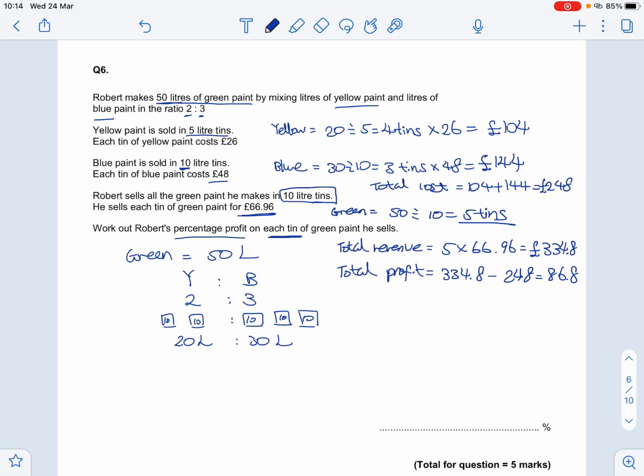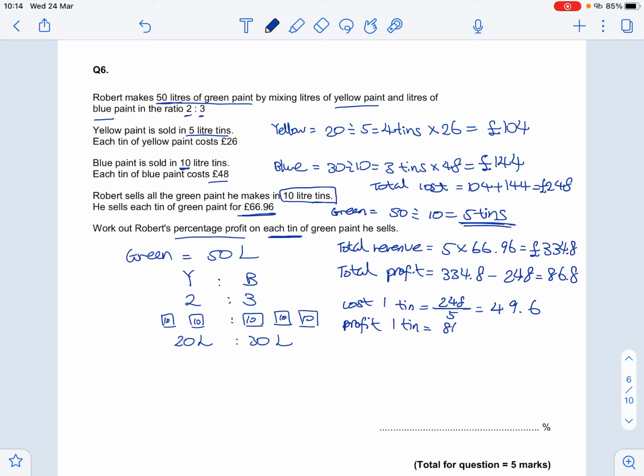So the cost for one tin would equal 248 divided by 5 because he made 5 tins, which is 49.6. So the cost for one tin is 49.6.